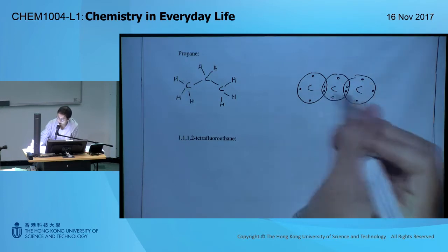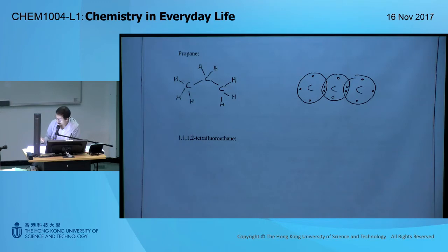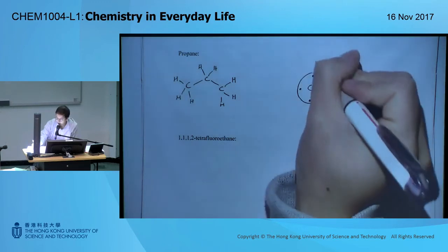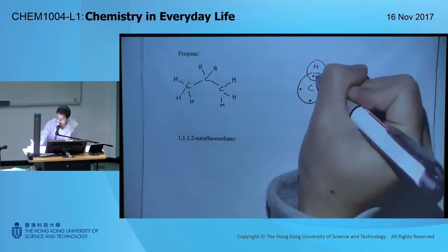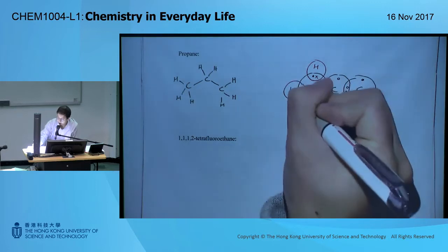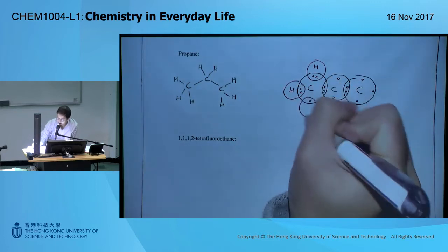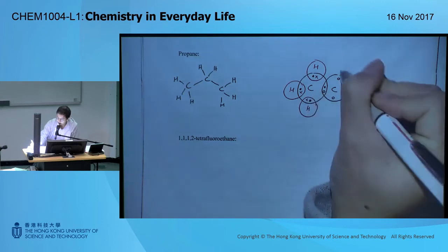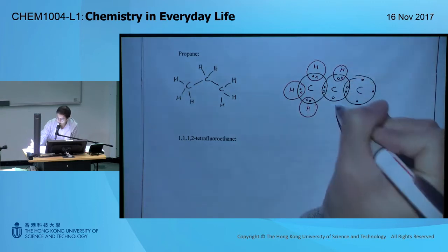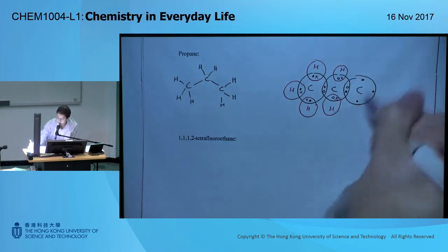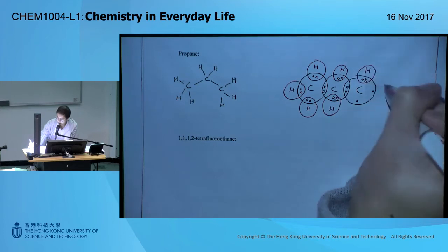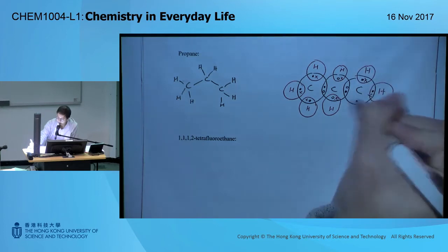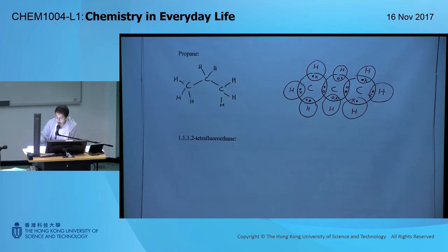So there are two carbon-carbon single bonds, and of course there are hydrogens to finish the molecule. Each hydrogen forms a single bond to the carbons. This way you understand the bonding in propane.